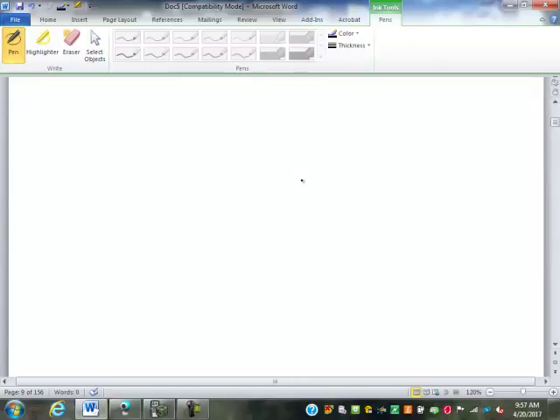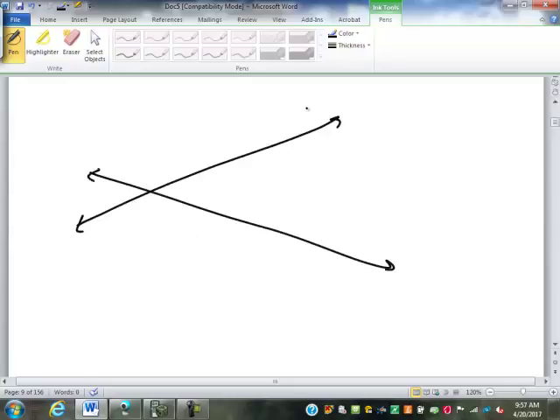Okay, so let's take a peek at some interesting problems here. As I look at a situation like this, I have 3 oblique lines, 3 lines that intersect. If I give you this angle here is 112 degrees, there is a relationship between that angle, this angle, and this angle.